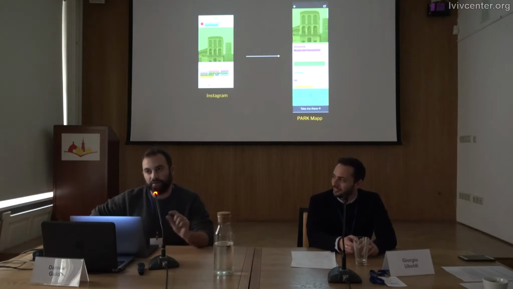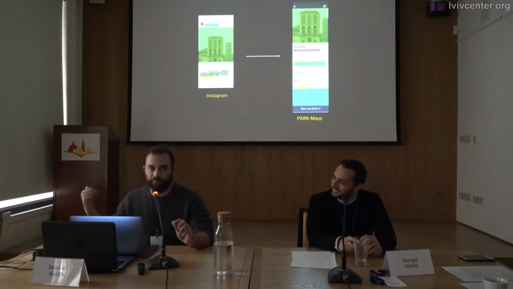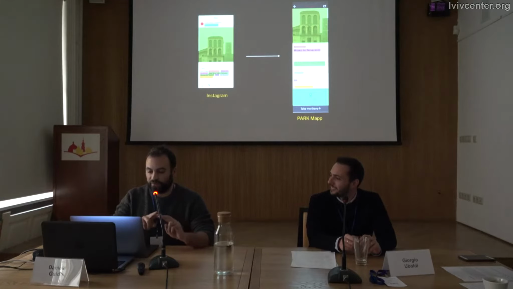Then they had to write the titles of the picture divided by pipes. Each pipe was a different field in the app. So for example, hashtag contemporary becomes the category in our app. Then Museo del Novecento becomes the title, and so on.